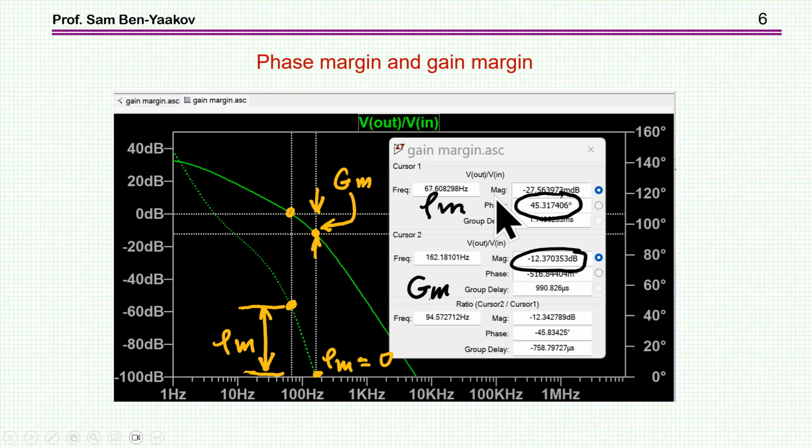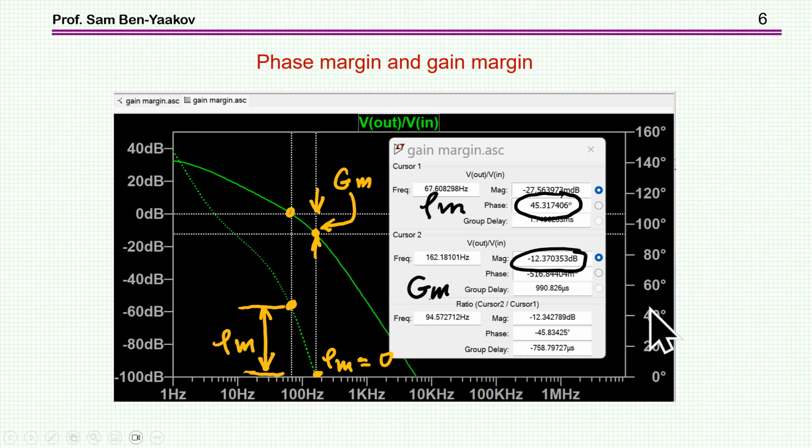Gain margin is a bit different. I'm showing now here again the phase margin and the gain margin for a system. This is the loop gain, and this is the phase. Now for the phase margin, we look for the crossing of the 0 dB. Here it is, the phase here, and this distance is the phase margin.